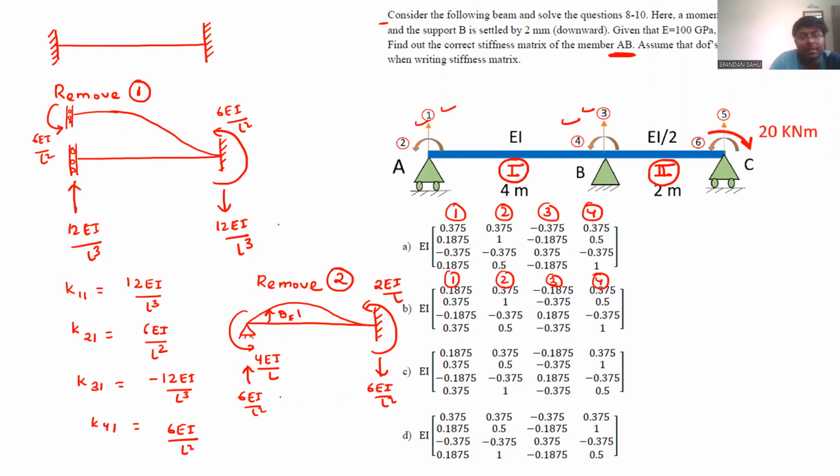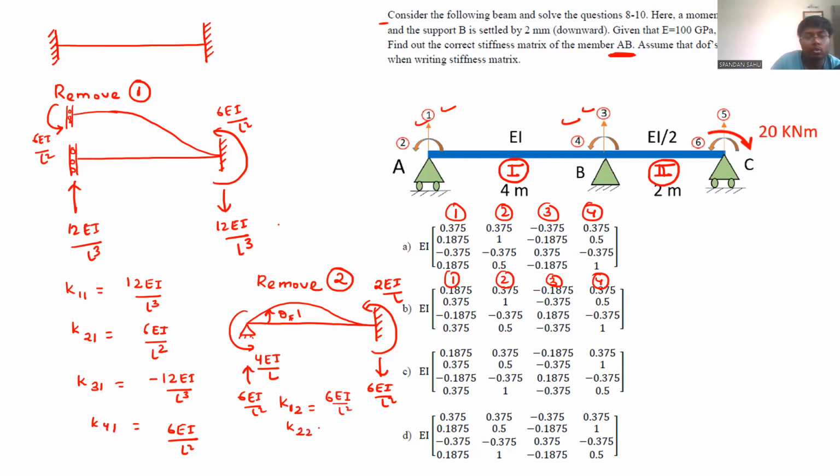Now, tell me K12 will be minus or plus? Plus 6 EI by L square.